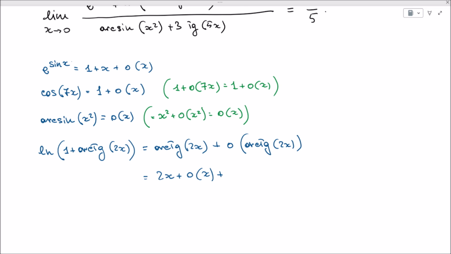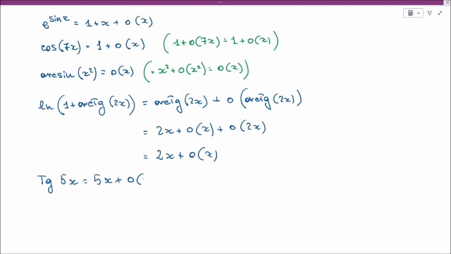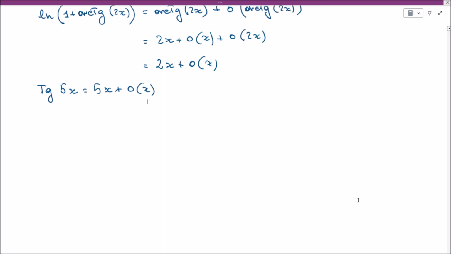And this, again, reapplying the usual properties, we get simply 2x plus little o of x. So this will be the expansion for the logarithm. Finally, we need to expand the tangent of 5x, and we can immediately say that this is 5x plus little o of x.